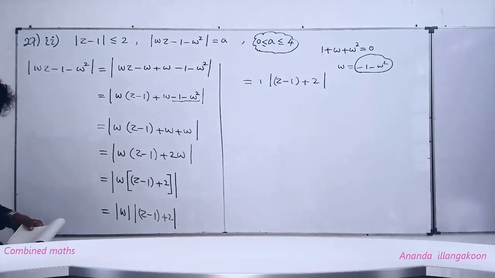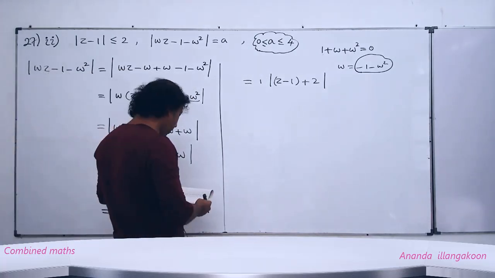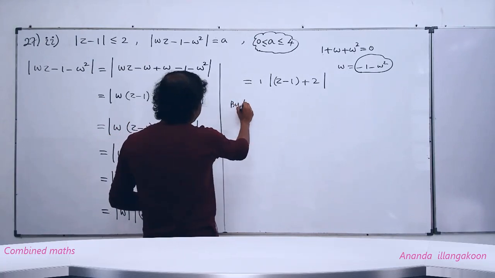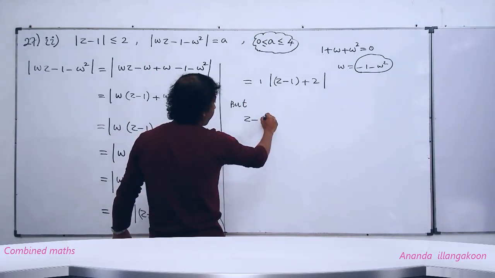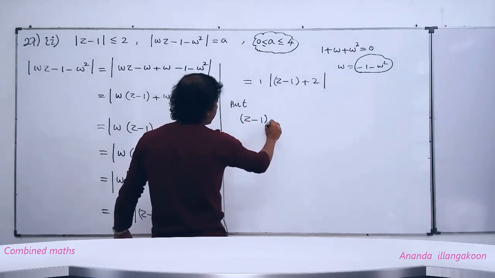But you can write it this way, people: modulus of z minus 1 plus 2.